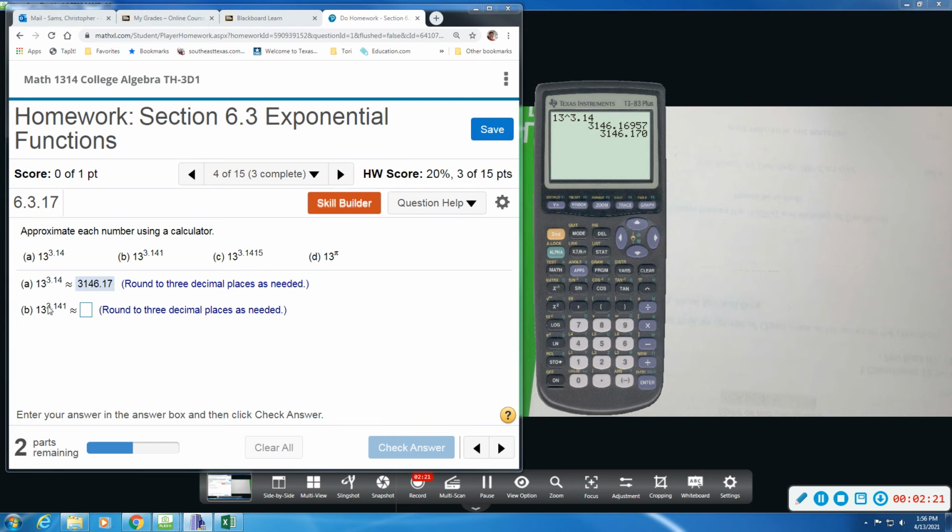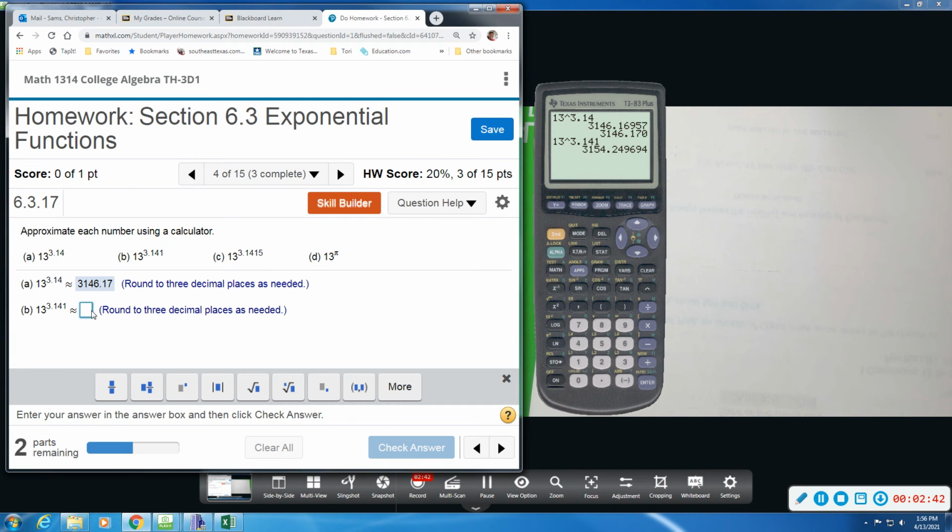All right, so the next one we're going to do 13 raised to 3.141. So we added 1 digit of pi. Rounded to 3, we would get 3154.249.